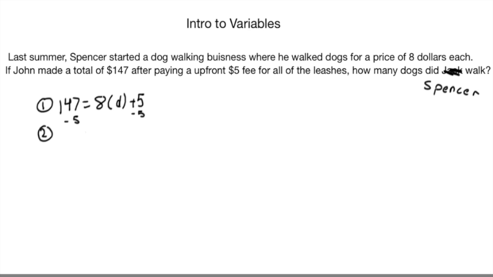That leaves us with 147 minus 5, which is 142, equals 8D. Now, let's get our calculator out. We have 142 divided by 8, and that's 17.75.